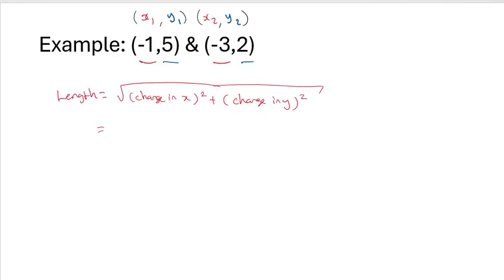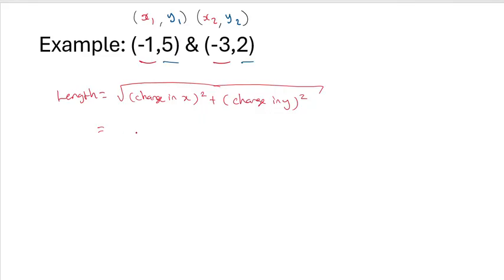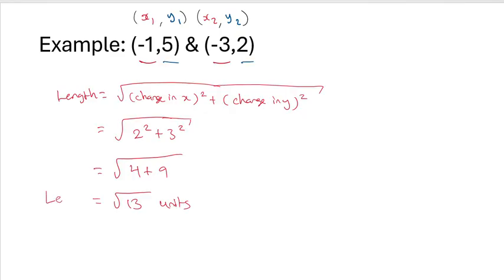And since we figured out what the change in x and y are, so let's have a look here. Change in x is 2, change in y is 3. So I'm going to write 2 squared plus 3 squared like that. Now, when you square this, 2 squared becomes 4, 3 squared is 9, and you just add it up to be 13 units. And this is your final answer, okay? Just like that. It's pretty straightforward, yeah?